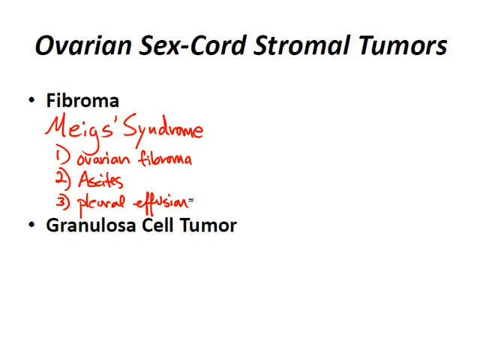Now, a granulosa cell tumor is kind of a cool tumor. It's an estrogen-secreting tumor. Now, the clinical presentation of hyperestrogenism depends on the age. So, number one, in young girls, it's going to present with precocious puberty.